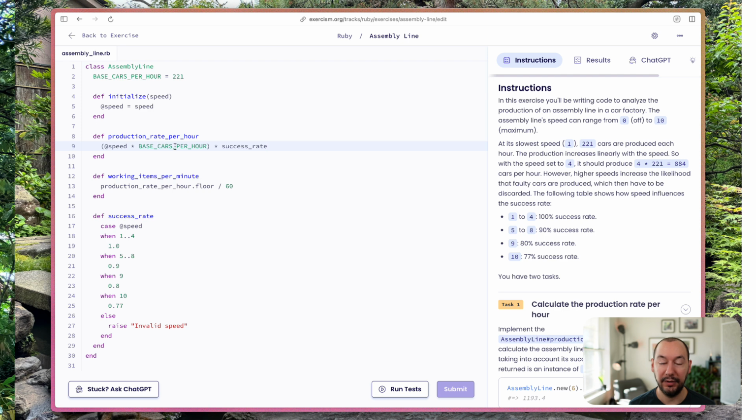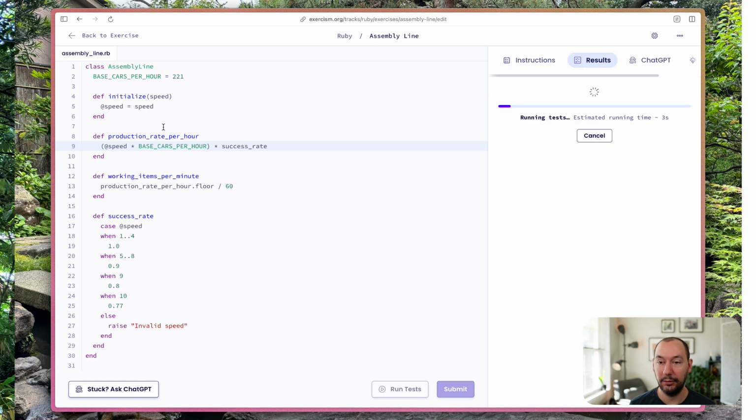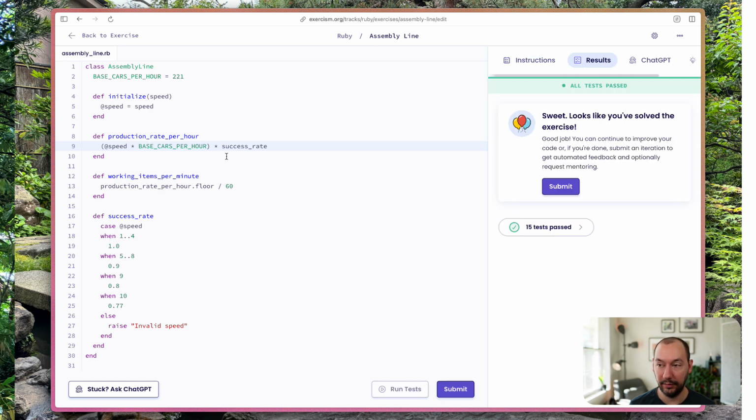Speed times base cars per hour. I don't even know that I need base here. Cars per hour. I'm going to leave it like this. That should now, replacing that magic number with the constant, should be fine.